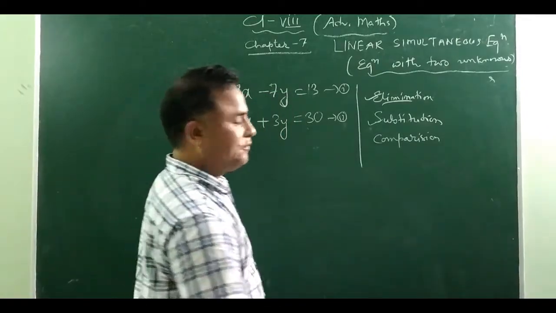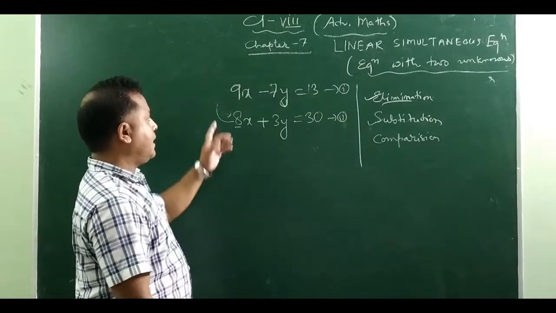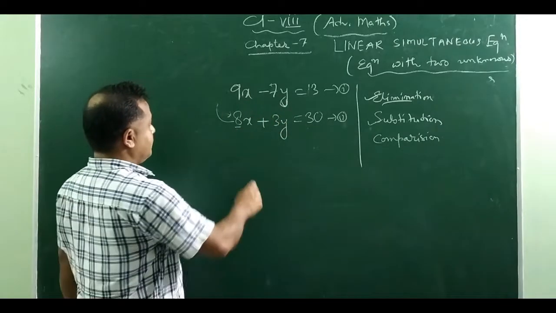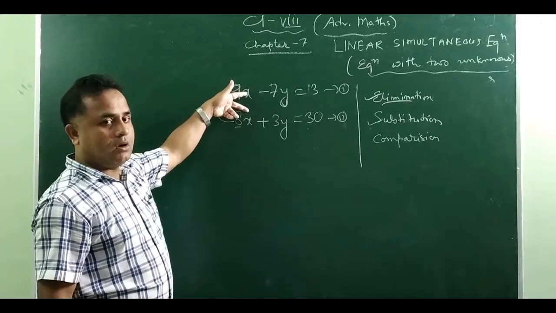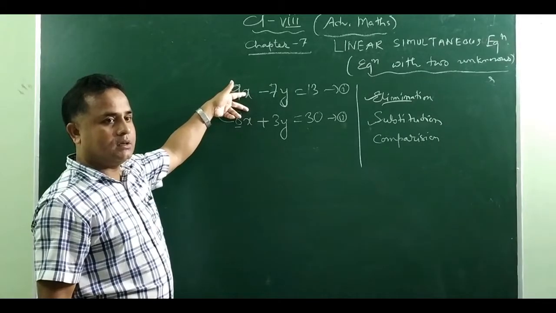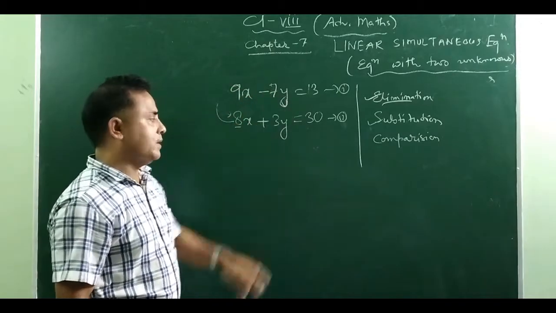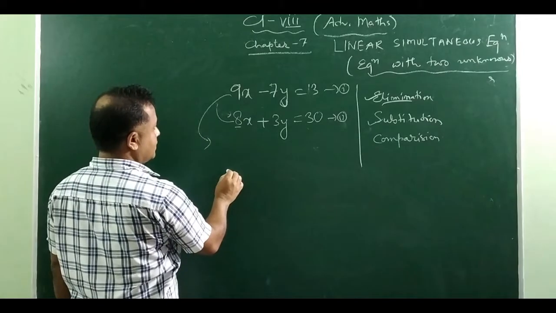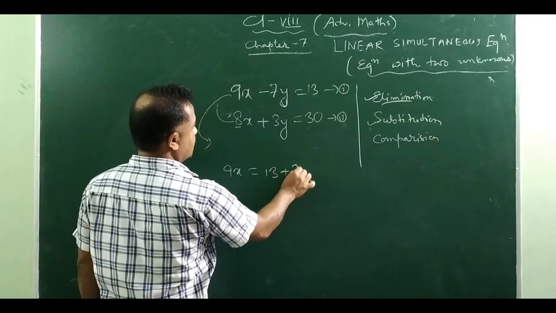Now the method of comparison. Either you want to compare x or y, it depends upon you. First, let's take out the value of x, with x as dependent and y as independent. If I want to take x as dependent from equation 1, I can write like this: 9x is equal to 13 plus 7y.